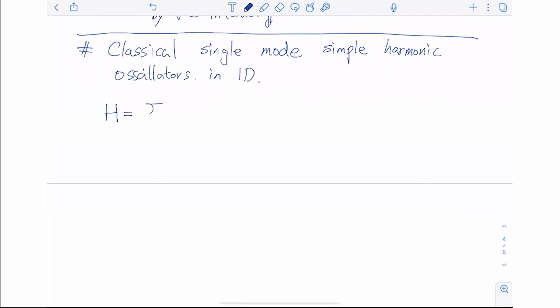It is just you sum over the energy for each oscillator, and maybe I should use this notation. And here, for each oscillator, we will have the kinetic energy and the potential energy provided by the restoring force.